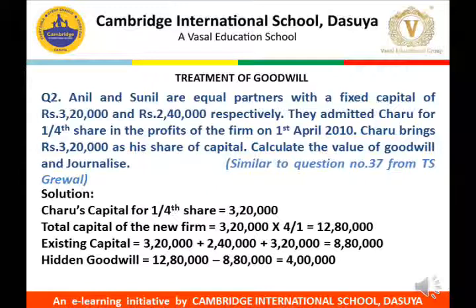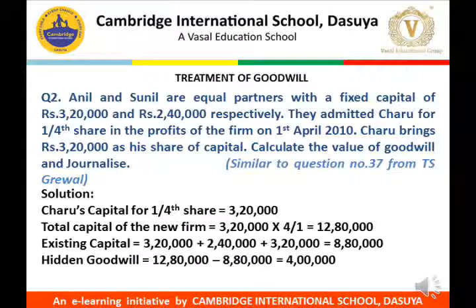According to the question, Charu's capital for 1 by 4 share is equal to 3,20,000. Total capital of the new firm would be 3,20,000 into reciprocal of Charu's share, that is 4 by 1, which comes to 12,80,000.